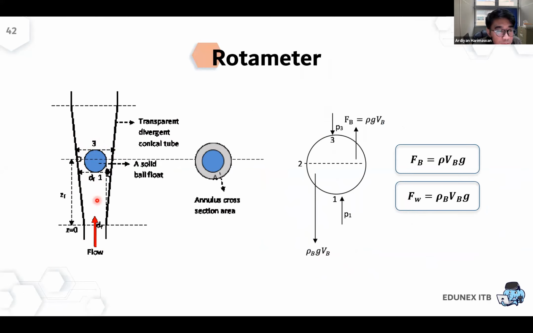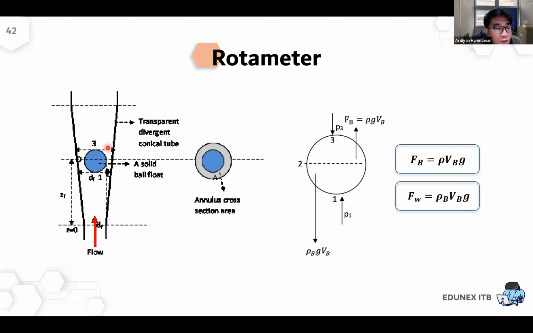You will have a height difference, you will have a velocity difference, right? And also you will have a pressure difference. So all three components of the energy will be different. And basically the pressure difference will be correlated with the buoyancy force that you have learned in our discussion at the beginning of the class.